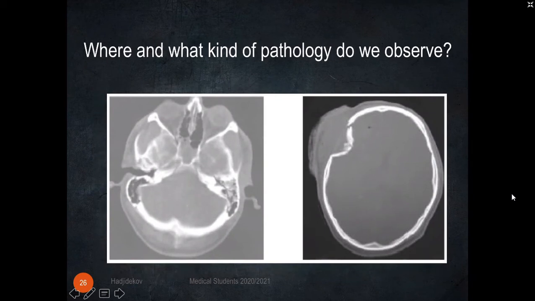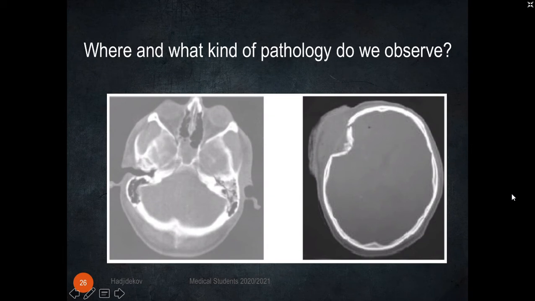We observe an impaction fracture with a huge, massive hematoma, not only subcutaneous, but you can also see the depression of the bones. They appear depressed. The right frontal bone is depressed, and we have this important hematoma at the level of the fracture. And what is the pathology on the other image at the base of the skull?